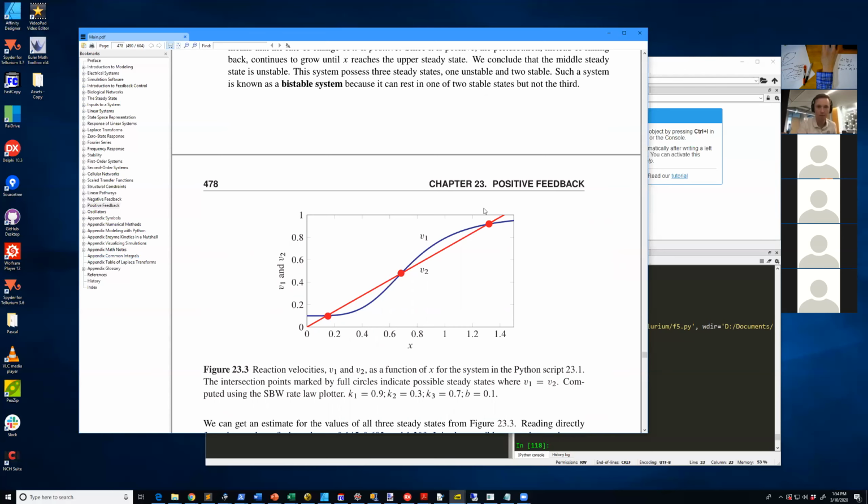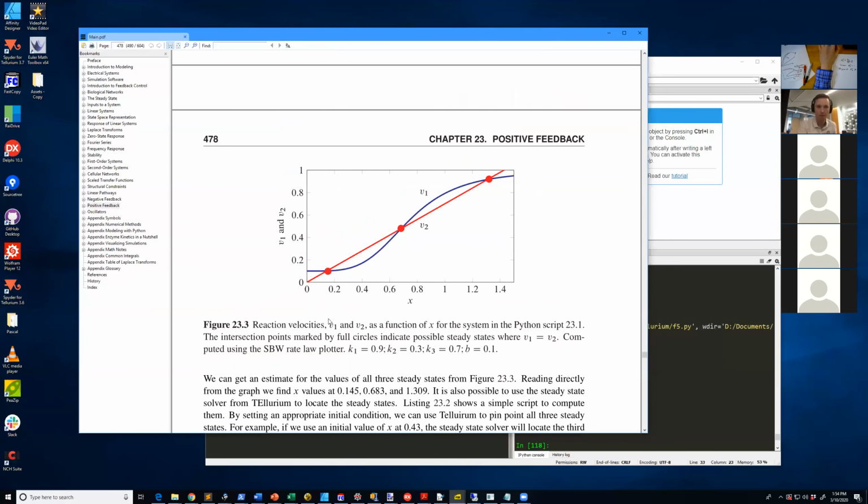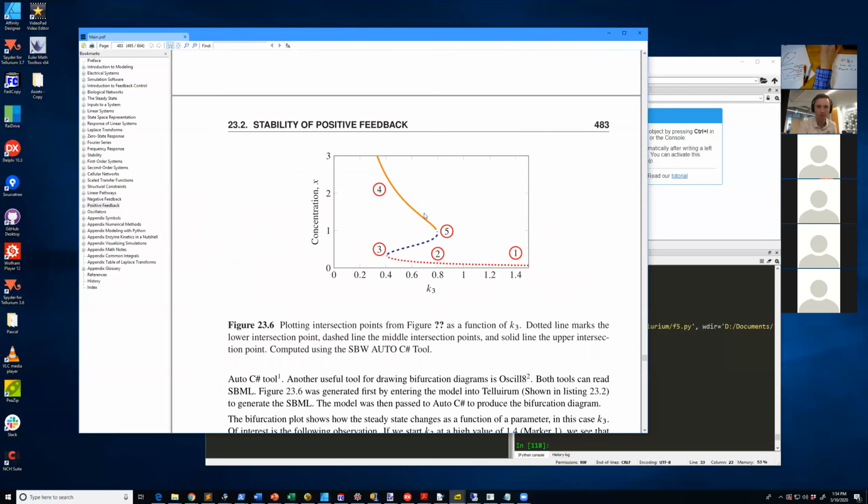You can see here immediately there are 3 steady states. The middle one is unstable. The 2 on the ends are stable. And I noted that the line here has a slope k3. If I move the line, I can switch from 1 steady state to 3 steady states to 1 steady state. If I plot the intersection points as a function of k3, I will get something like this.